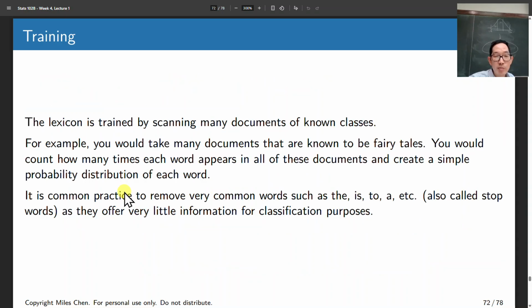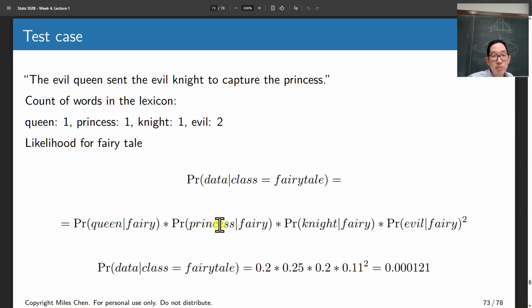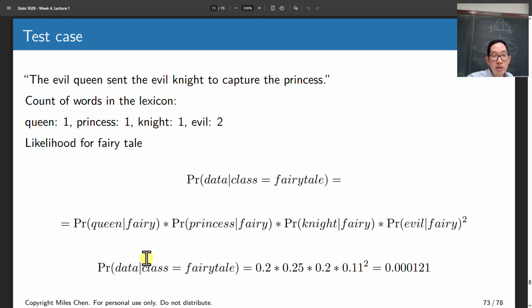Looking at our table, the probability for queen for fairy tale is 0.2, princess is 0.25, knight is 0.2, and evil appears twice, so we're going to square that probability for evil, which is 0.11. And so our likelihood for our bag of words here is 0.000121.